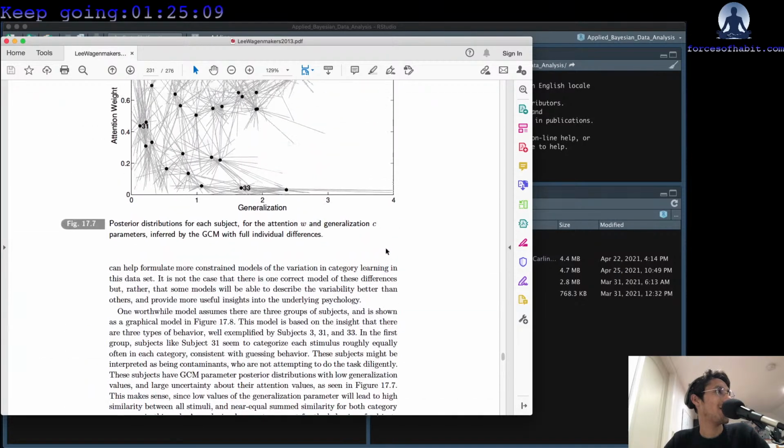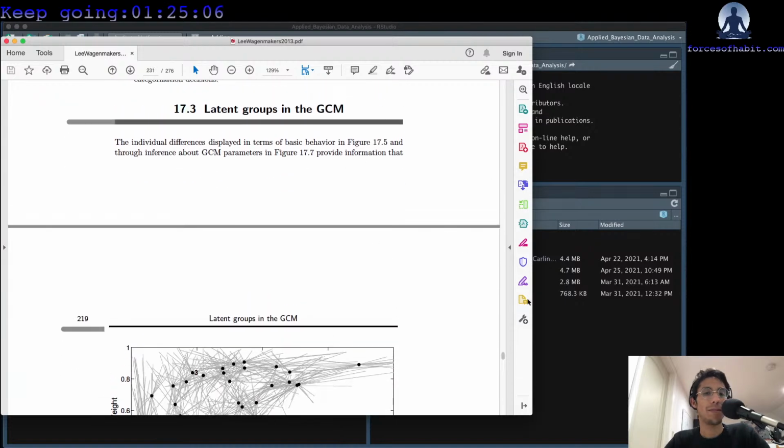Okay. Latent groups. This will probably be the biggest graphical model we've looked at.